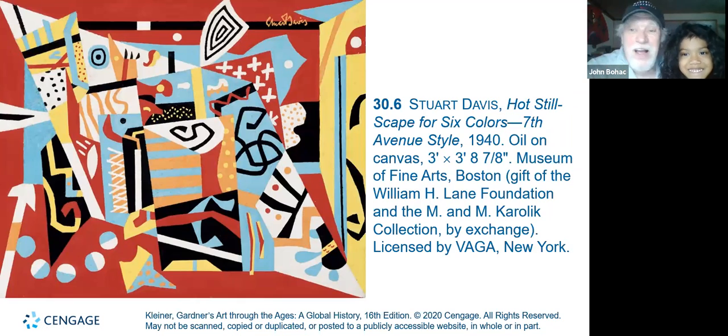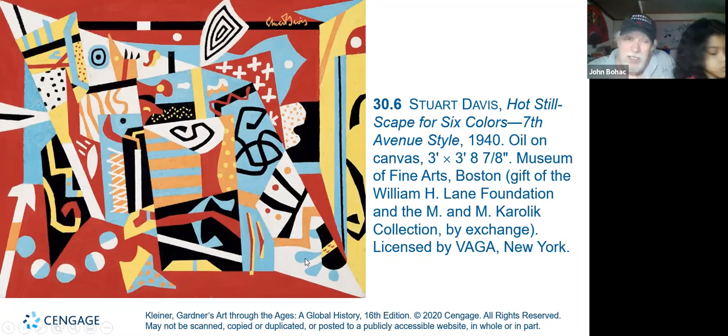Yeah. And so this is Stuart Davis. Hot Still-Scape for Six Colors, Seventh Avenue Style. Here's a guy that kind of follows after the artist we've just seen, and he really embraces Cubism in a big way. And he kind of combines two things.